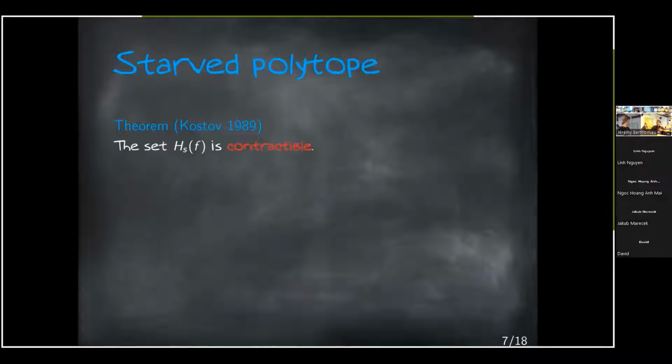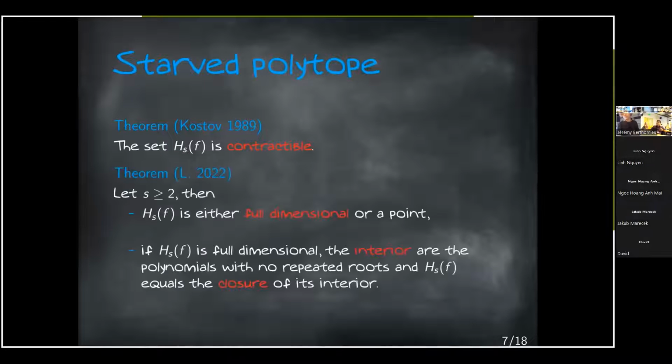Kostov had an article where he showed that these sets are always contractible. So that means it's continuously deformable to a point. We can also show what we observed in the example: first, you can show that it's either full dimensional, so of dimension d minus s, these being the number of not fixed coefficients we have, or else it's a point.